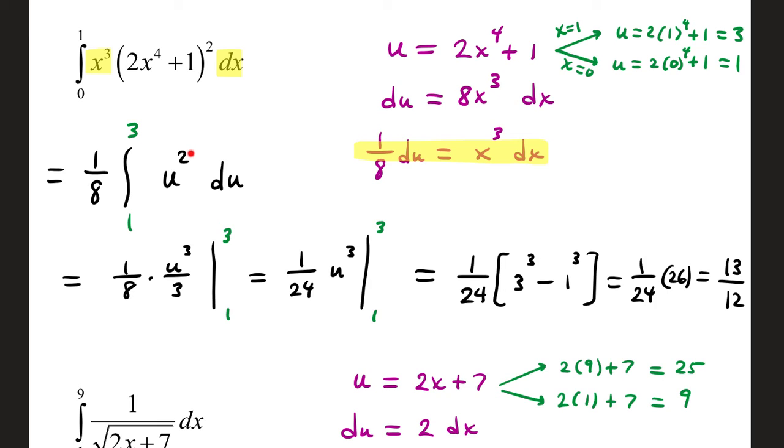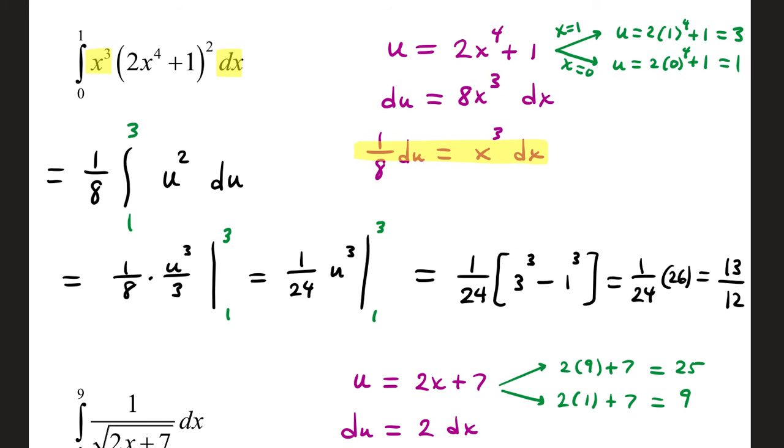Taking the antiderivative, that's u cubed over 3 times the 1/8 out front. That's 1 over 24 u cubed, evaluated at 3 and then at 1, and we'll take the difference. Since we're not going to switch back to the x variable, we leave the 3 and the 1 as our upper and lower limits. 1 over 24 times 3 cubed minus 1 cubed.